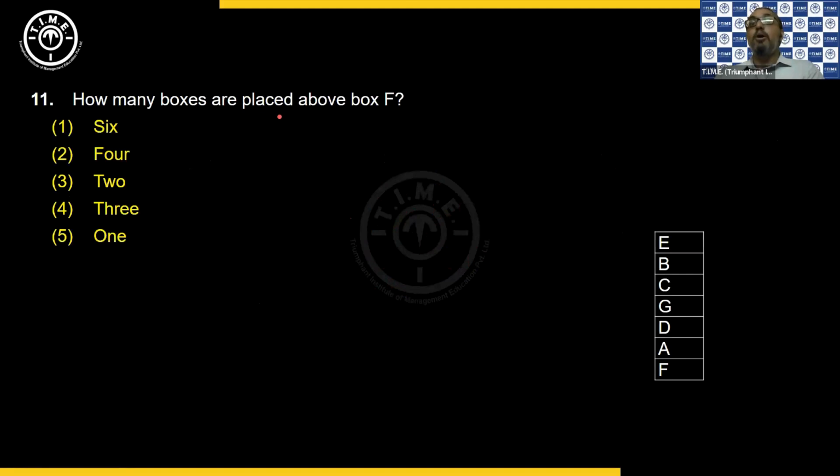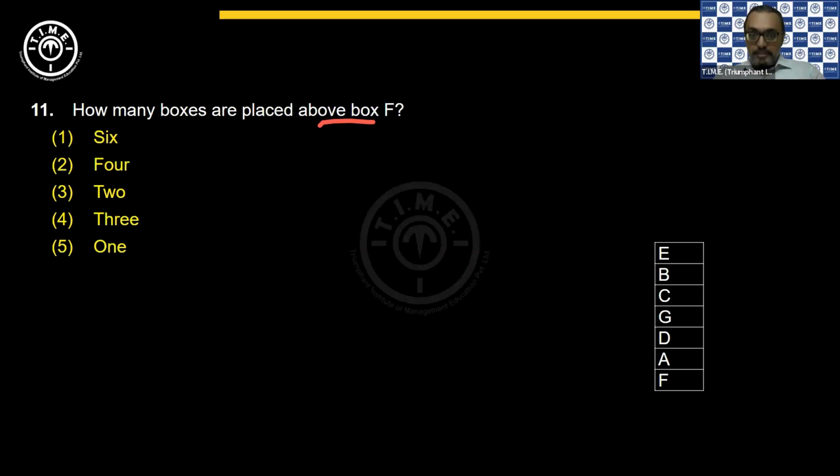Now, how many boxes are placed above F? Tell me how many are placed above F. Correct, 6. Option 1. F is the bottommost box, so you will get the first option.